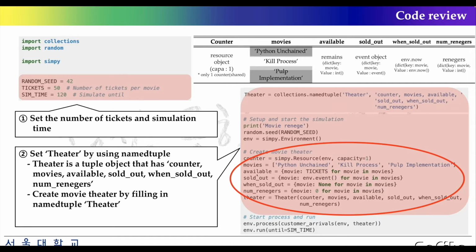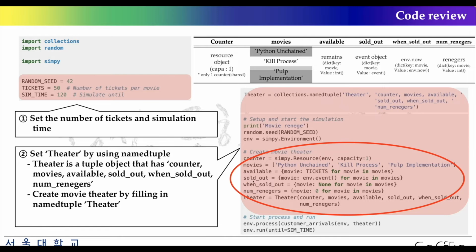So by defining this available variable as this kind of dictionary, each movie has 50 tickets at the start of the simulation.